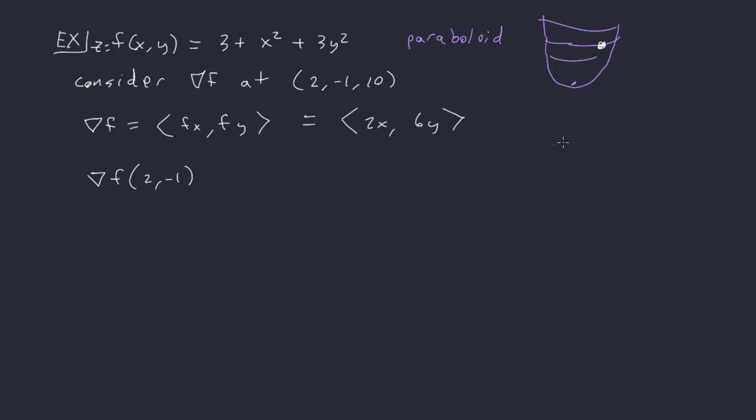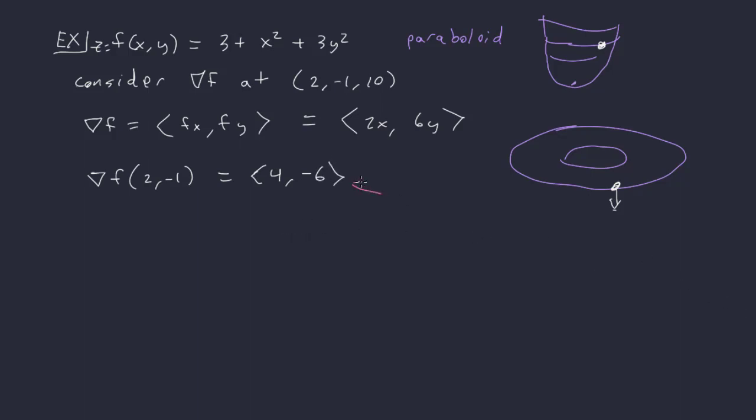Okay, so that means we're looking at this surface from above and talking about the direction of steepest ascent, say, in terms of what direction you should travel, like left, right, up, down, north, south, etc. Okay, so when we plug in 2, negative 1, we're going to get the vector 4, negative 6.